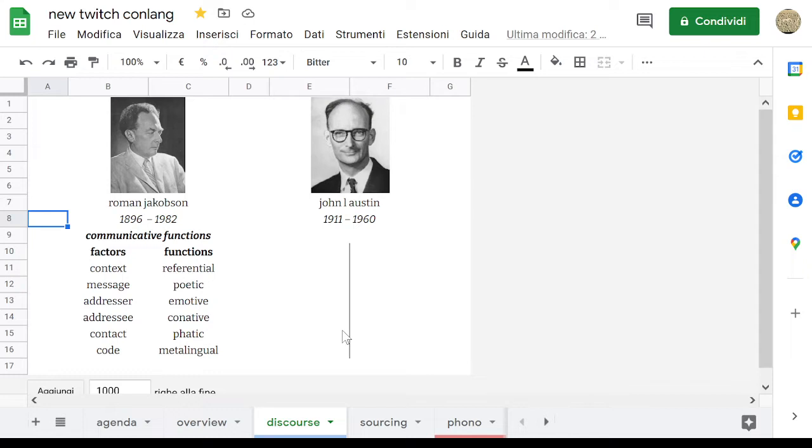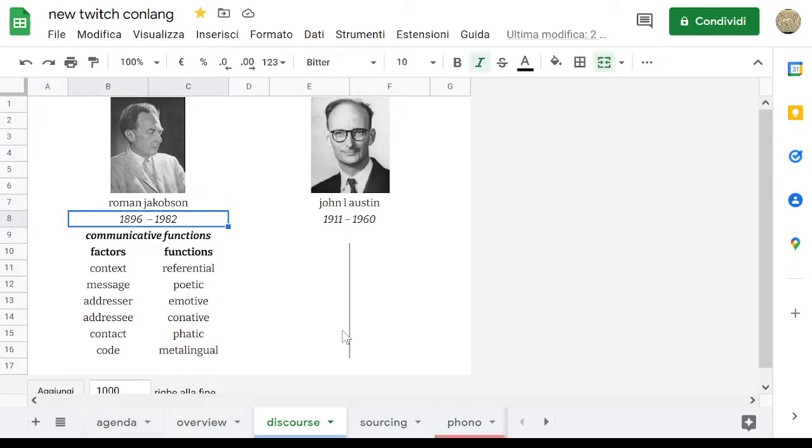And I tend to think about conlang speech acts with both of these models because these are the ones that I am most familiar with, just based on my education in linguistics. So I'm going to go ahead and talk about why these guys are here.